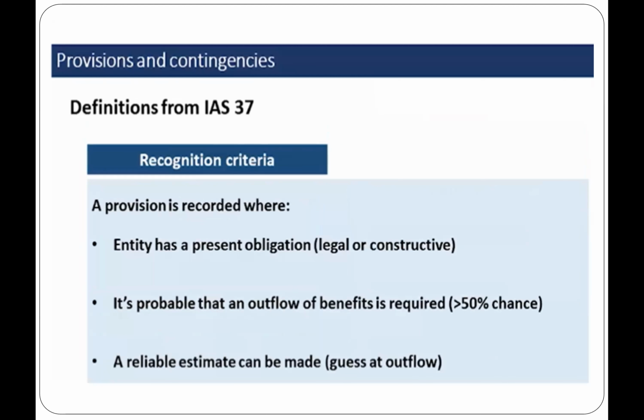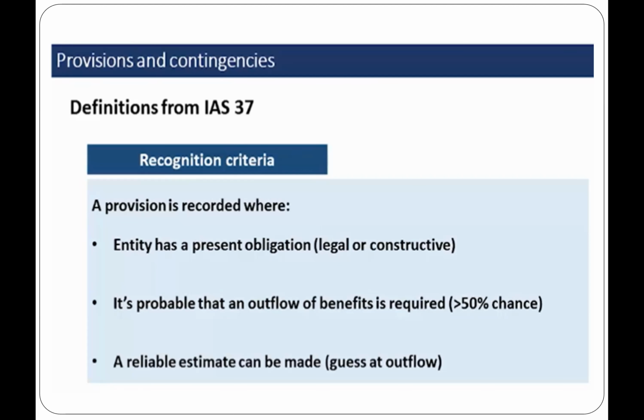Firstly, we create a provision where an entity has an obligation, because a provision is some form of a liability, which means it must first satisfy the definition of a liability, which is a present obligation as a result of a past event from which cash flows are expected to flow. So an entity must have an obligation first for us to create the provision.